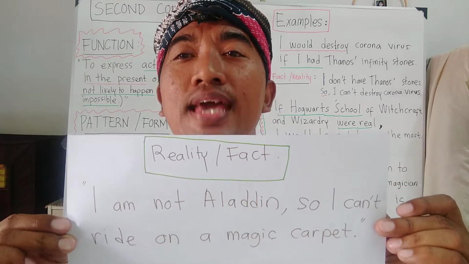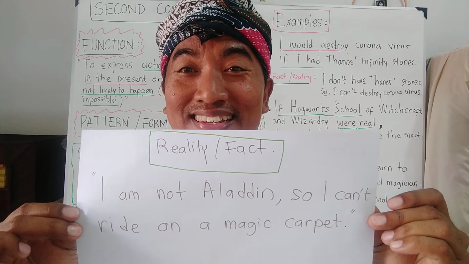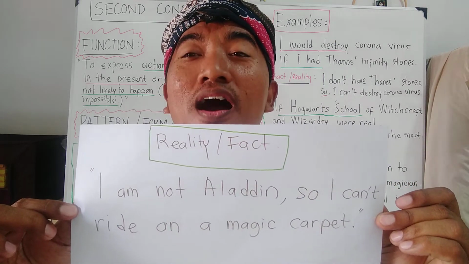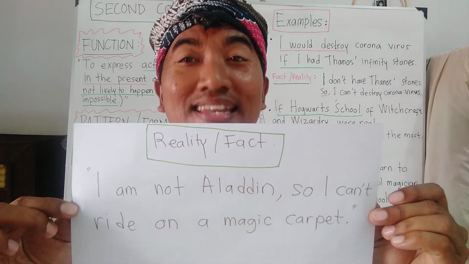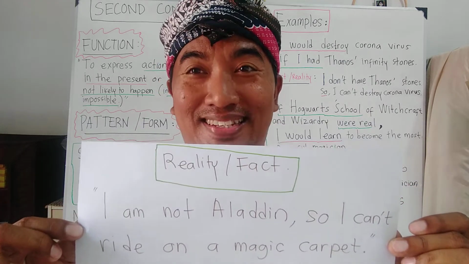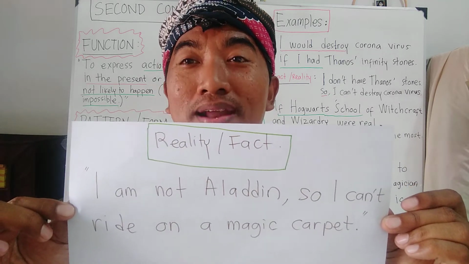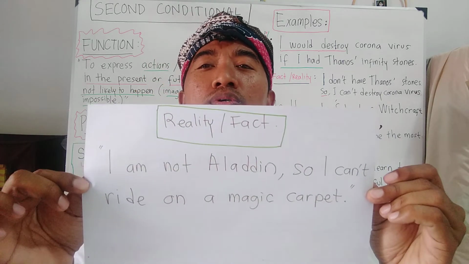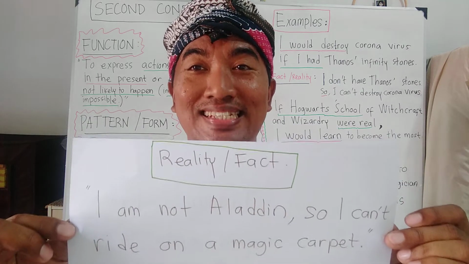So the fact or the reality says, I'm not Aladdin, so I can ride on a magic carpet. Let me repeat. I'm not Aladdin, so I can ride on a magic carpet. Now, this is the reality, all expressed in present. I want you to change it into conditional sentence type 2.